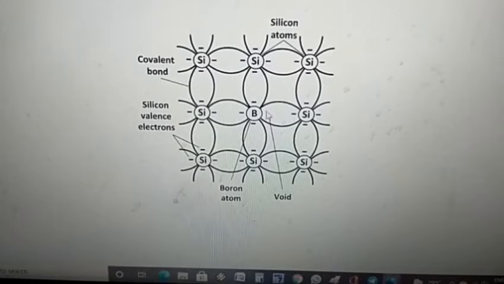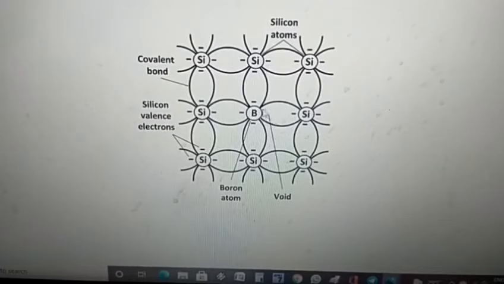So here, as this electron hole is formed, how will the conductivity increase? See here, when an electron hole is formed, an electron from the neighboring atom can come and fill the electron hole. Again what happens? Here the electron hole has moved. So it would appear as if the electron hole has moved in the direction opposite to that of the electron.